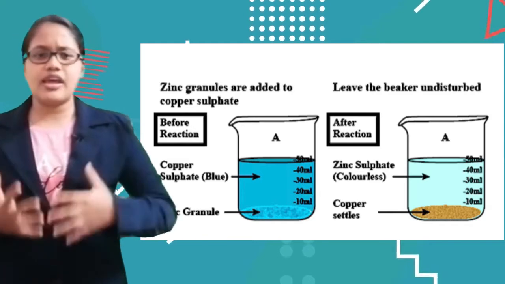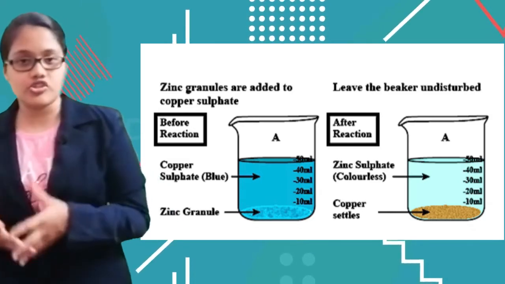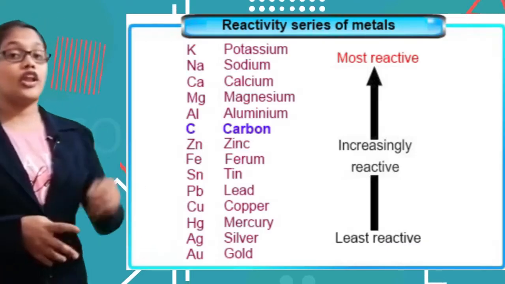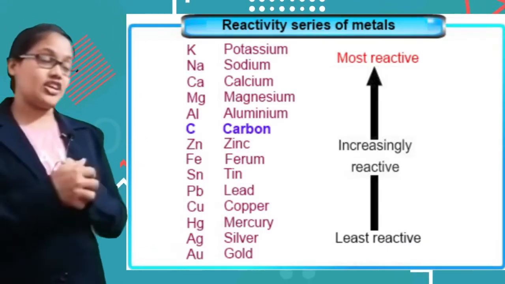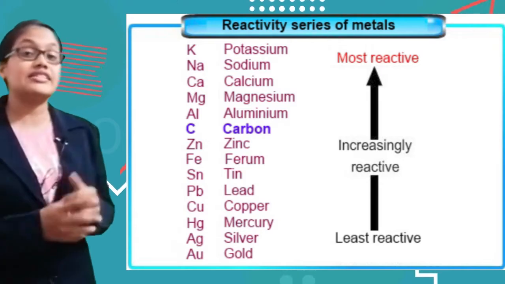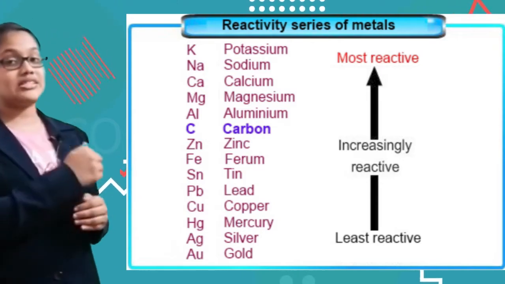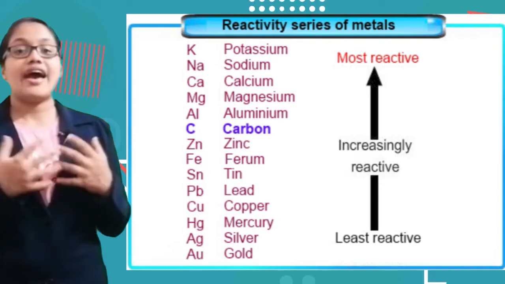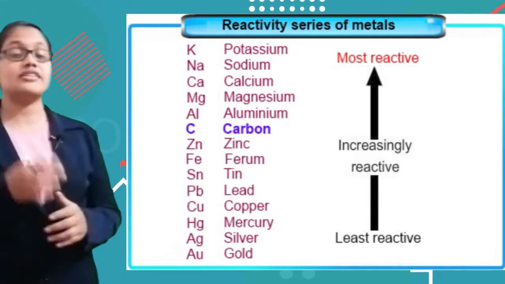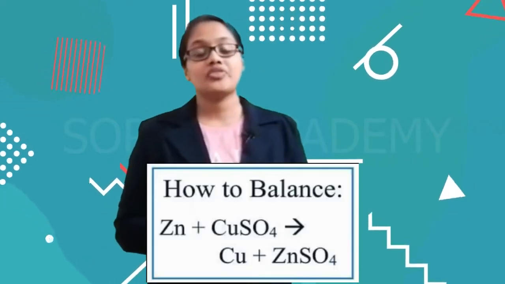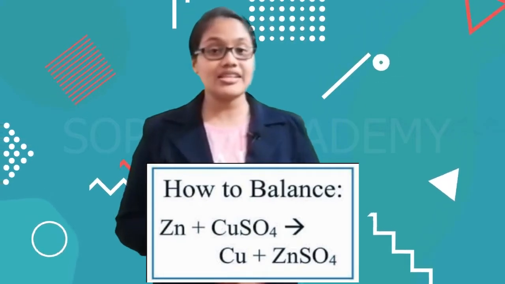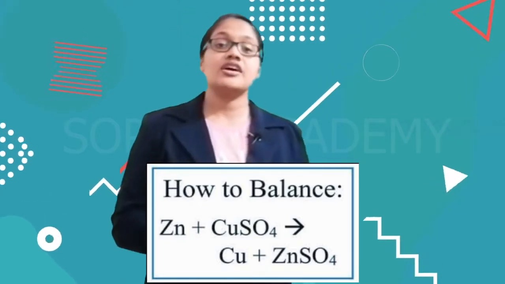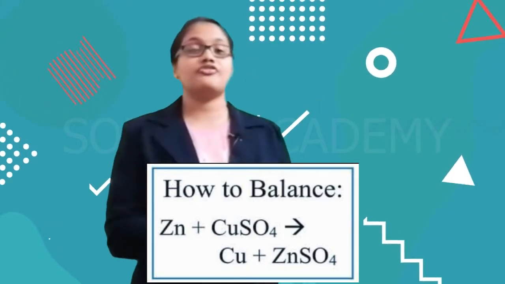Zinc could displace copper from copper sulfate solution because, if we look at the reactivity series, zinc is a more reactive metal than copper. The chemical equation for this reaction can be written as CuSO4 plus Zn gives ZnSO4, or zinc sulfate, plus Cu.